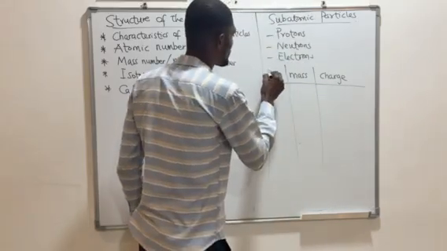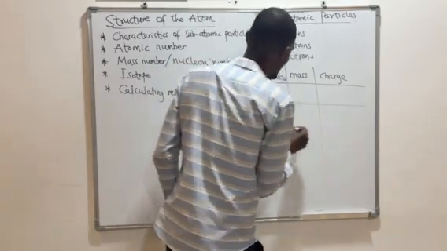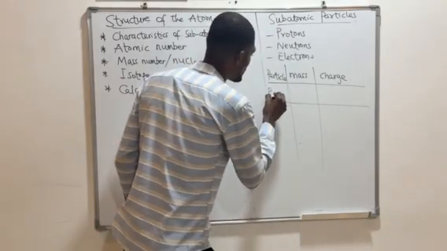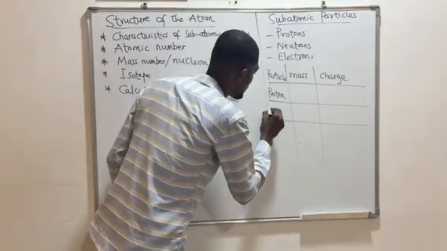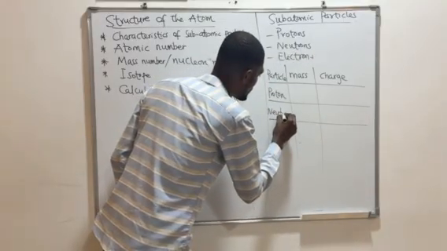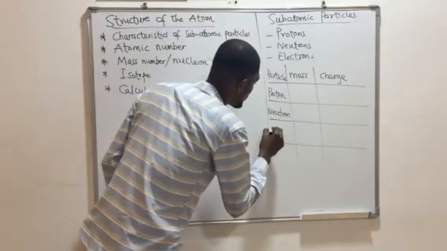So we have the particle. The first one, which is proton. The second one, neutron. And the third one, which is the electron.